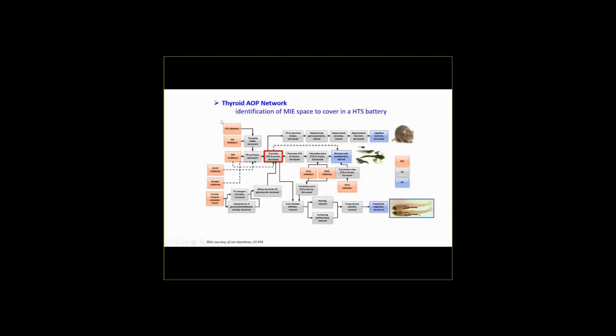And so investigators that were working on this problem basically laid out a series of adverse outcome pathways. They identified various molecular initiating events, ways that chemicals could perturb this biological system. They identified the serum thyroid hormone concentrations as a key hub in this network of adverse outcome pathways.